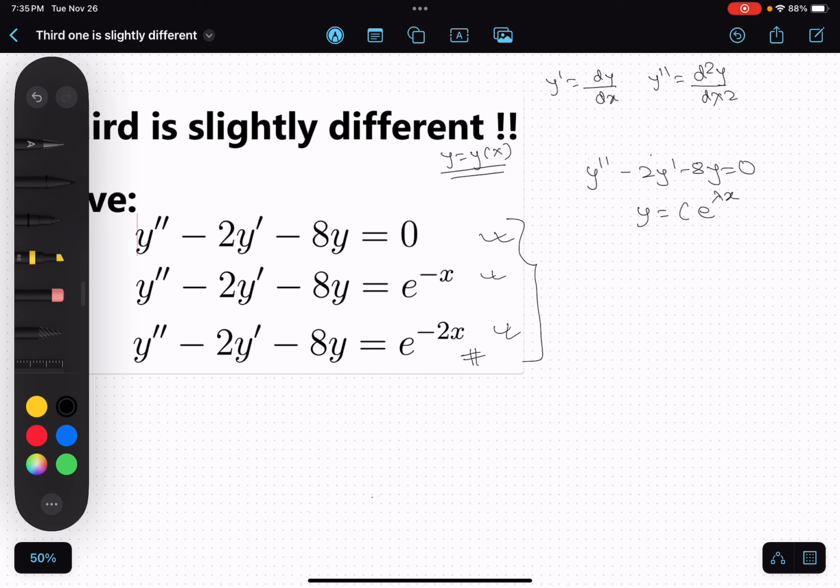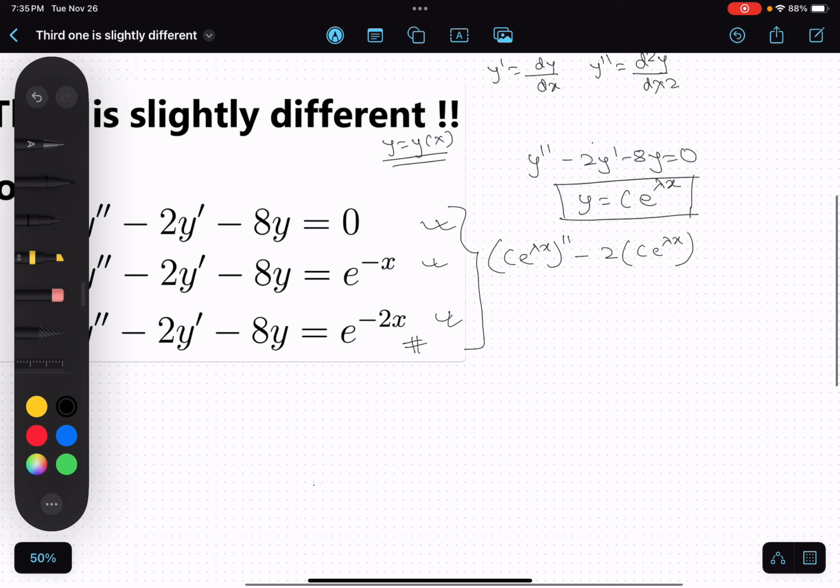What I mean is, let's assume that there is a solution of this form. First of all, we are just assuming that there's a solution of this form and then we will try to find the values of lambda and c. Minus 8 c e to the power lambda x is equal to 0.